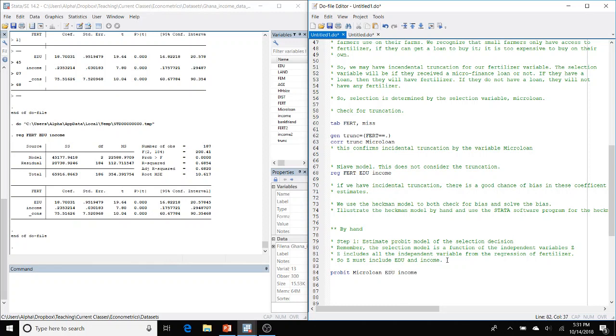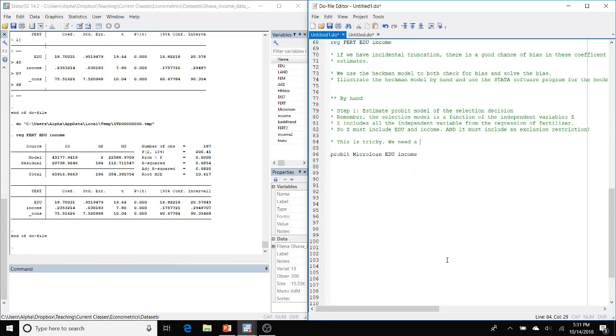And it must include an exclusion restriction. This is tricky. We need a valid exclusion restriction. This is hard. We need a variable that is correlated with or related to the selection variable.